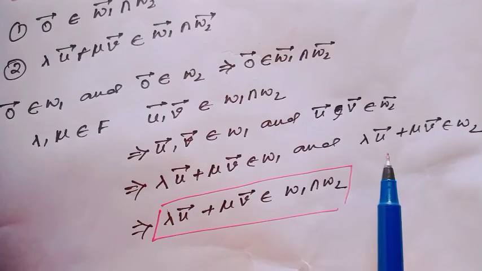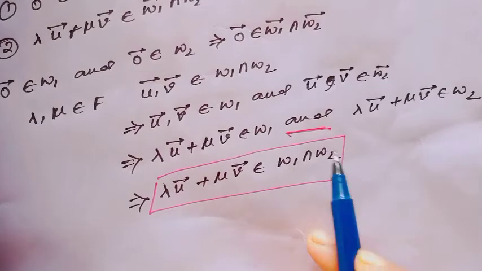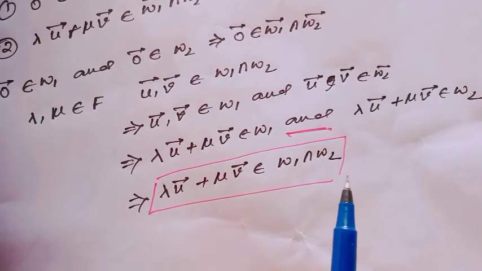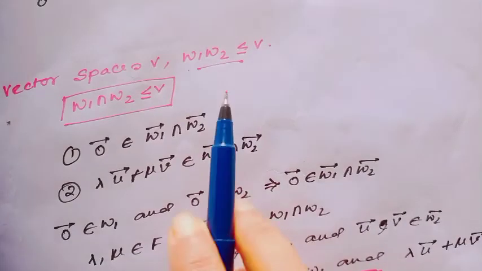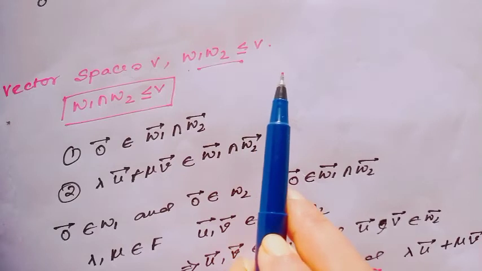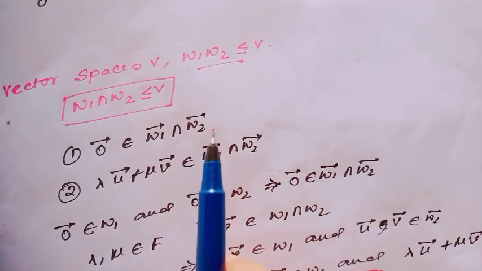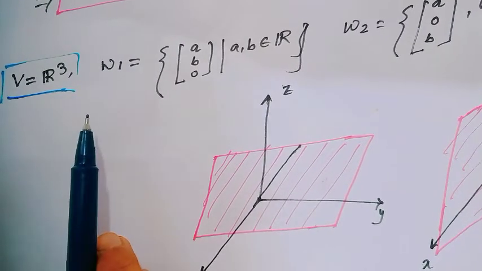Since this is an AND, lambda u plus mu v belongs to W1 intersection W2. That means if W1 and W2 are subspaces of V, then their intersection is a subspace of the vector space V.